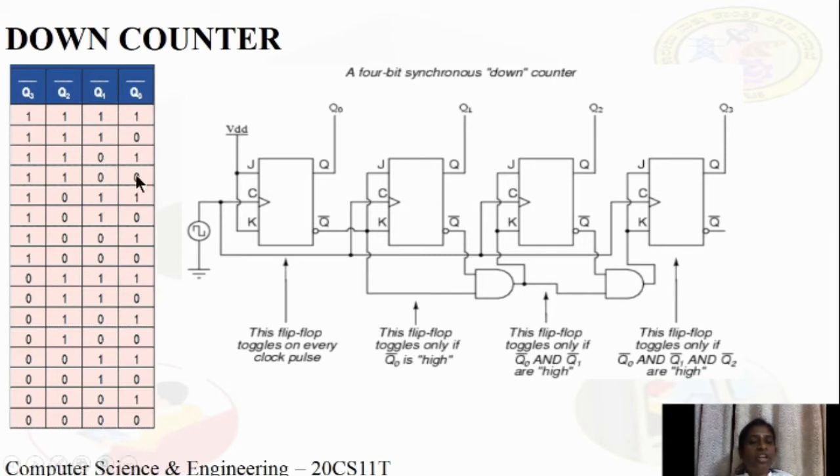Observe here: next here 0 it became 1, next when 0 comes, 1 becomes 0, next when 0 comes, 0 becomes 1. In this fashion the toggles will change.